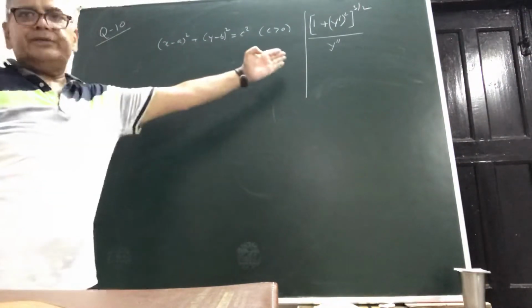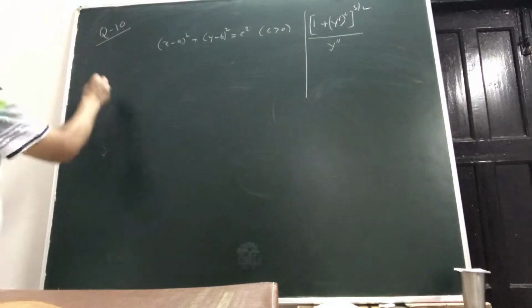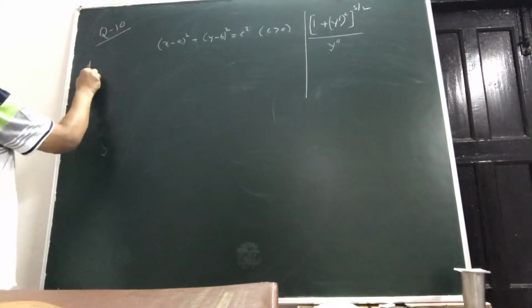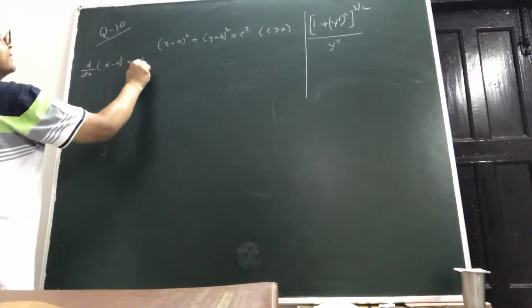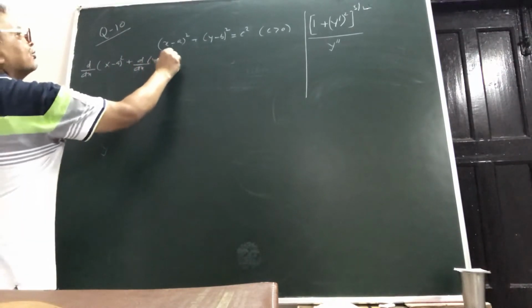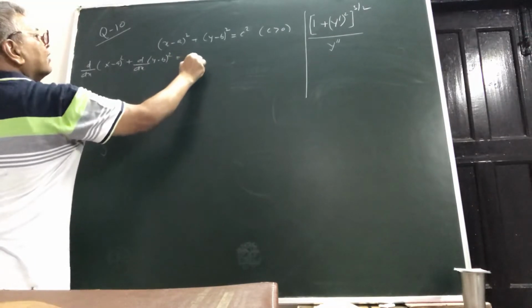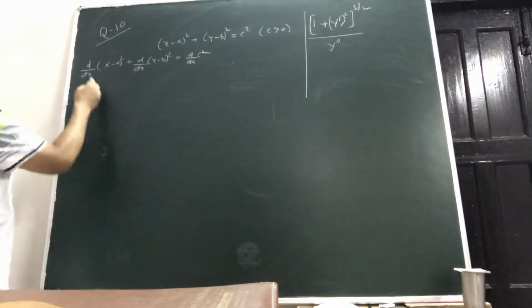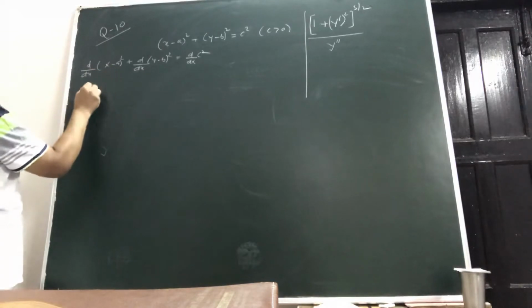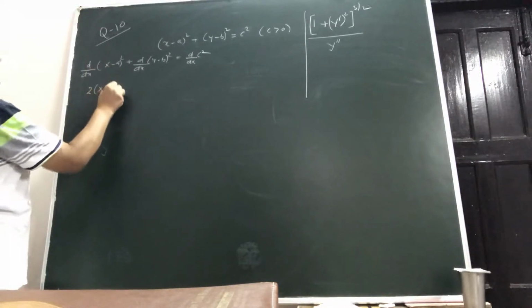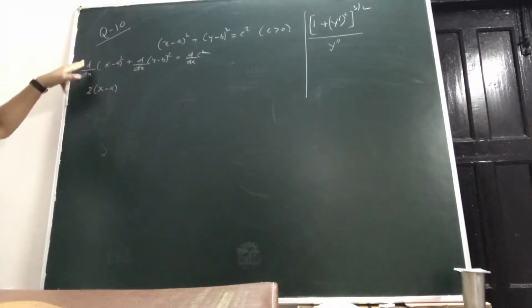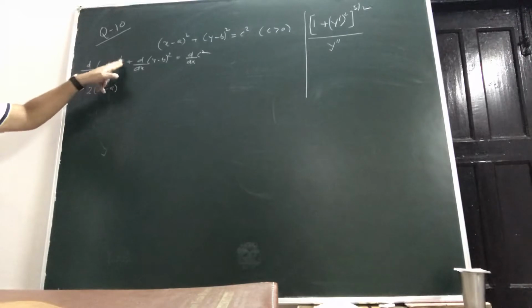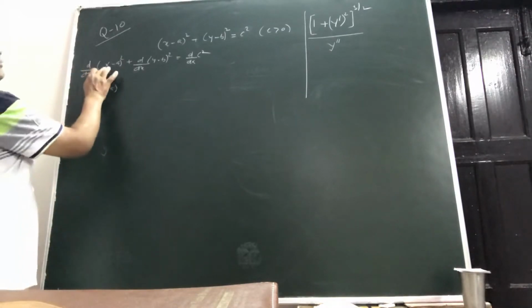Okay, so let us see how we can do it. Let us differentiate this whole thing with respect to x. So what we will get? d upon dx of x minus a whole square plus d upon dx of y minus b whole square is equal to d by dx of c square. Now d upon dx of this thing will be 2 into x minus a. You put x minus a as t square, so it will be d by dt of t square into dt by dx, and t is x minus a, so dt by dx will be 1.